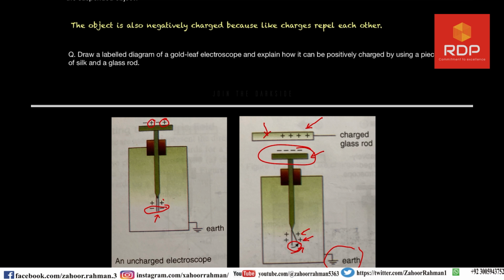So in this way we can charge the electroscope positively. Now we also studied in the theoretical portion how we can charge an electroscope negatively. If you are conscious of that, you won't feel any difficulty in giving the answer of this question.